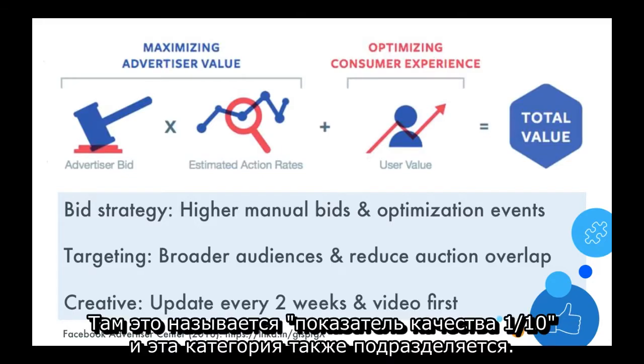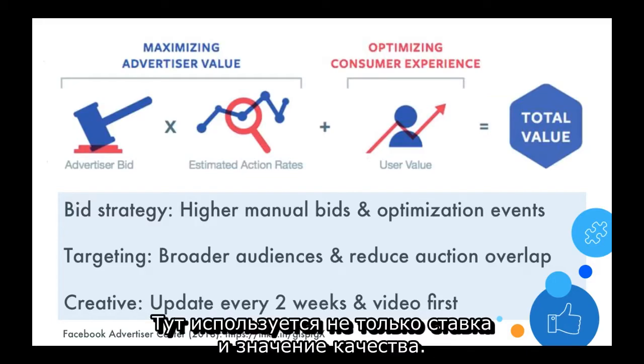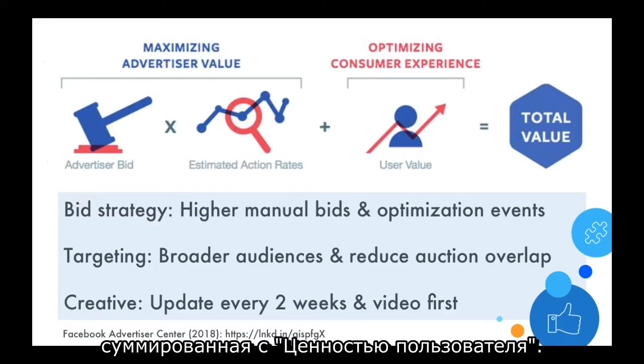Okay, and the quality score ranges from 1 to 10 and is also further subdivided. But in Facebook, you see, it's a little bit more complex even. It's not just the bid and the quality score. No, it's the advertiser bid multiplied by estimated action rates and then added the user value.